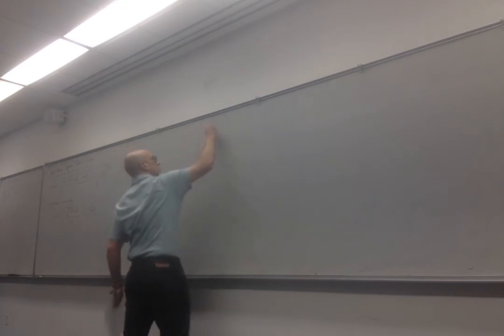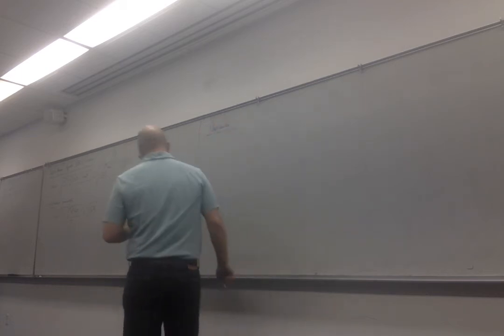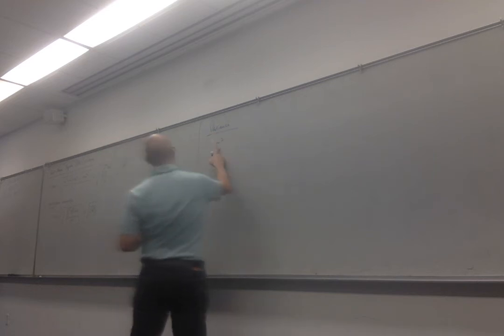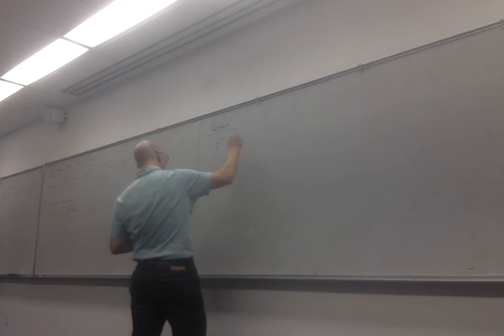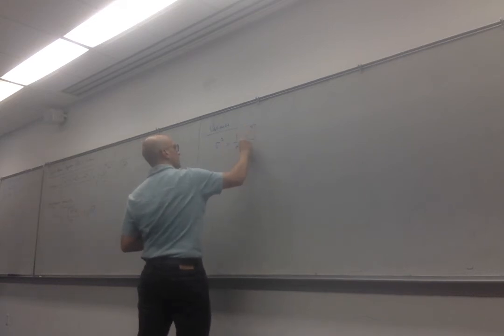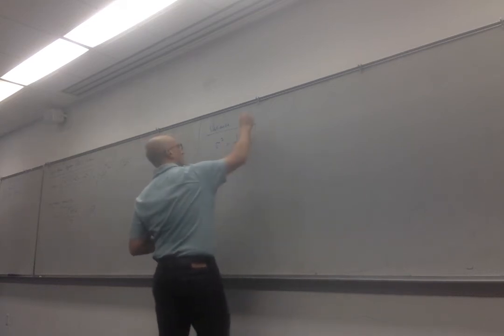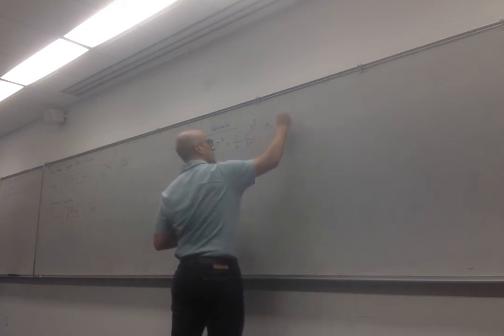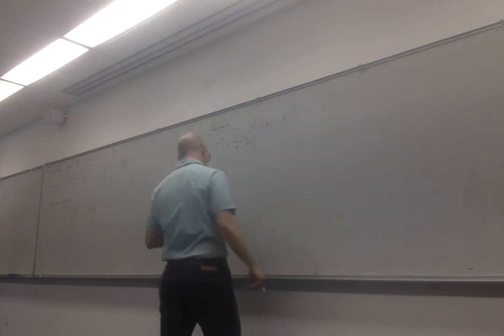I don't know if you guys remember the concept of variance. The variance, by definition, typically sigma squared, would be 1 over n, sum from i equals 1 to n, of xi minus x bar squared.